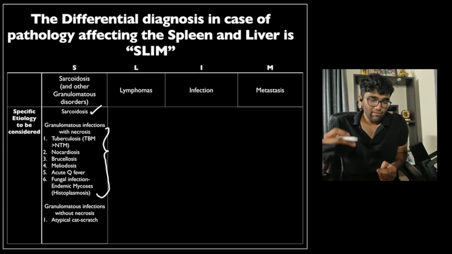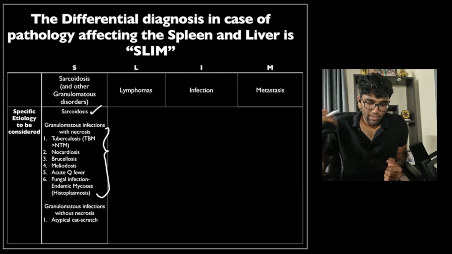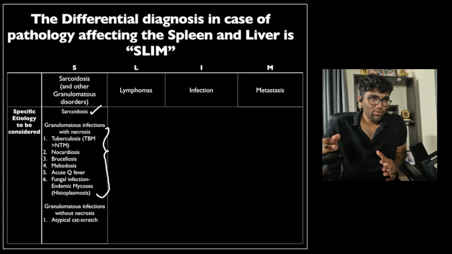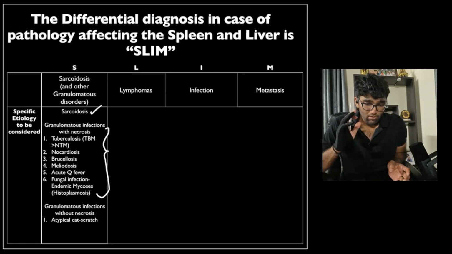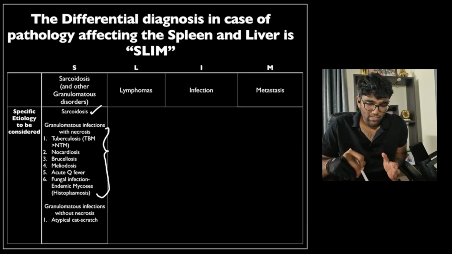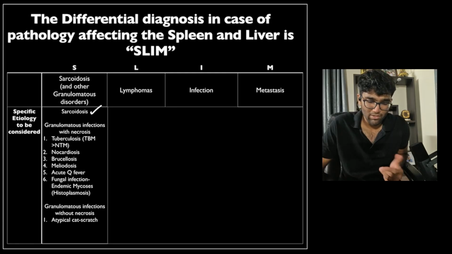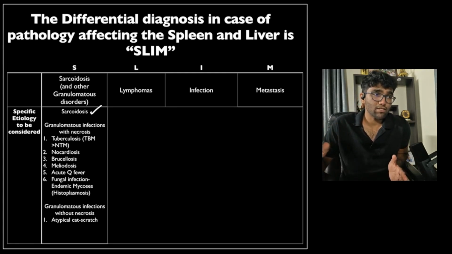So that, as we'll discuss in our mechanistic understanding of infectious disease later on, would be the following diseases: tuberculosis, mycobacterial tuberculosis more than non-tubercular mycobacteria, nocardiosis, brucellosis, amyloidosis, acute Q fever, and fungal infections. Now, sometimes you get granulomatous infection even without necrosis, and that specifically occurs with atypical cat scratch disease, which is an extremely rare thing, so we don't really need to consider that. But TB, especially in India, becomes a very major consideration in all cases.